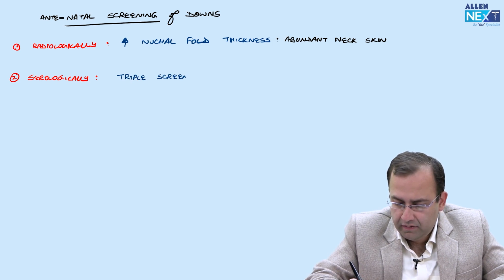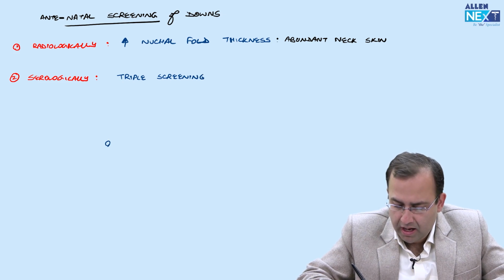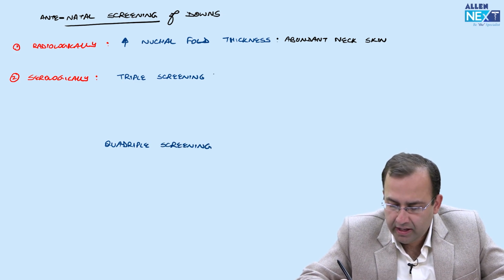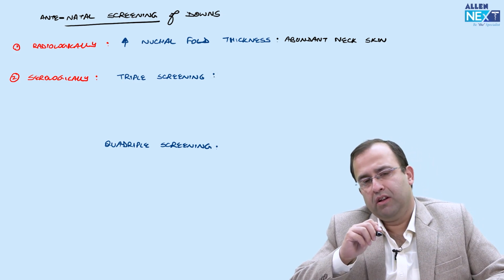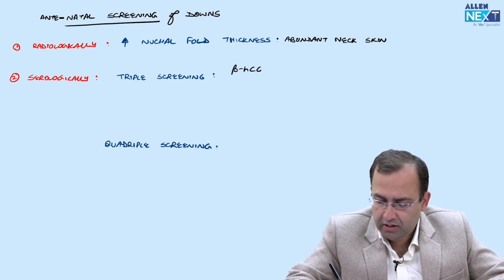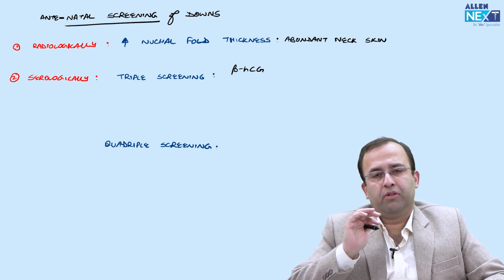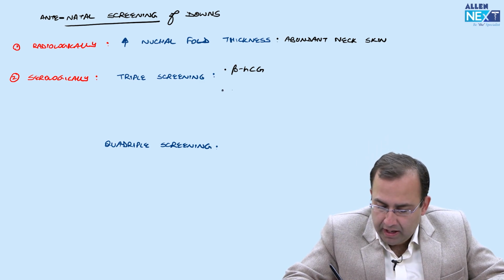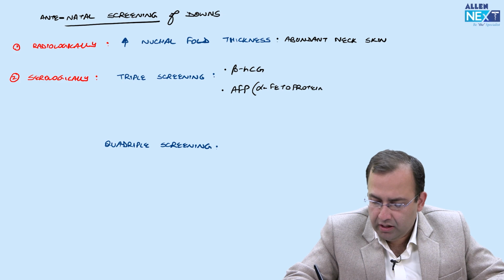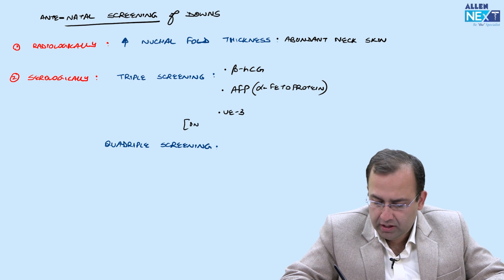Triple screening, we will look at 3 markers, and quadruple screening, 4 markers. In triple screening, we look at beta HCG, beta human chorionic gonadotropin, AFP, alpha fetoprotein, and UE3, that is unconjugated estriol.